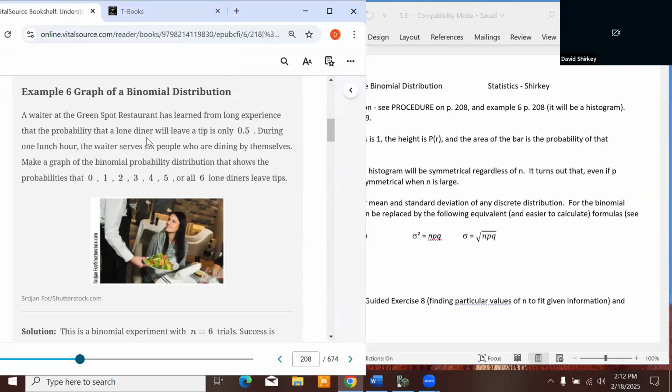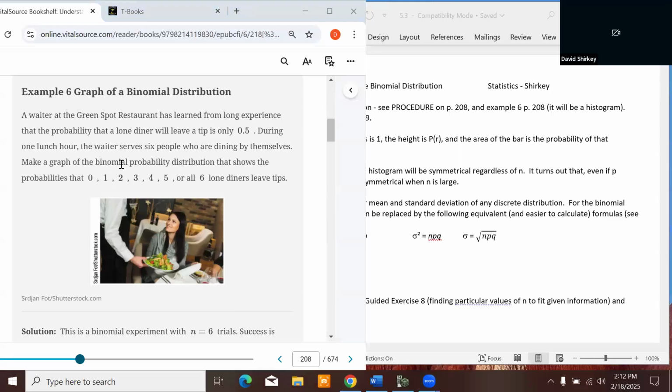Graph of a binomial distribution. A waiter at the Green Spot restaurant has learned from long experience that the probability that a lone diner will leave a tip is only 0.5, 1/2, right? During one lunch hour, the waiter serves 6 people who are dining by themselves.